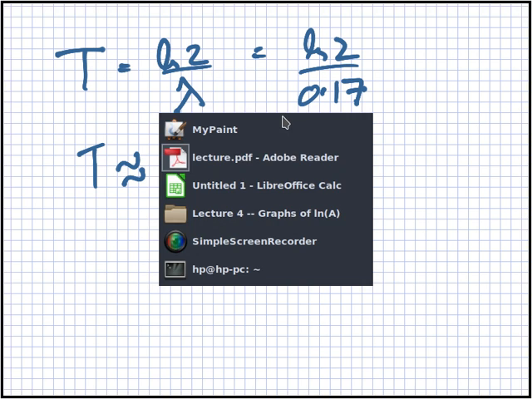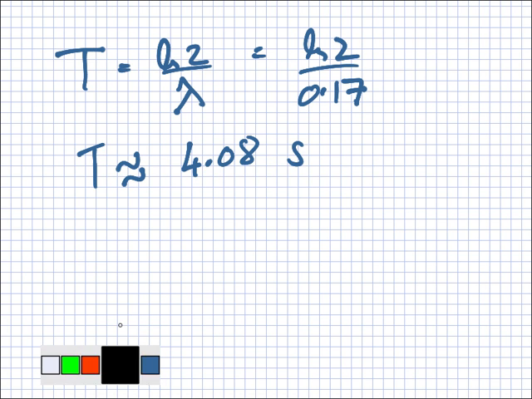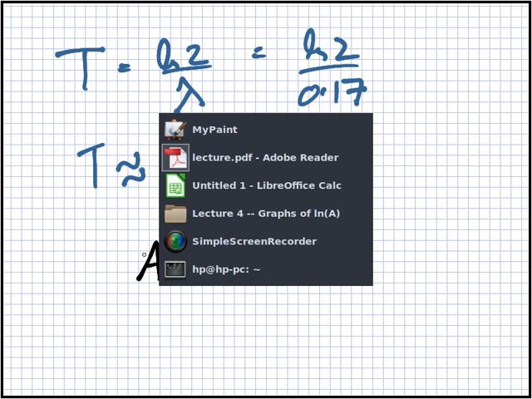Right. What is N0? Log N0 is 2.3. A equals minus lambda n. What was the A? The A was 10.